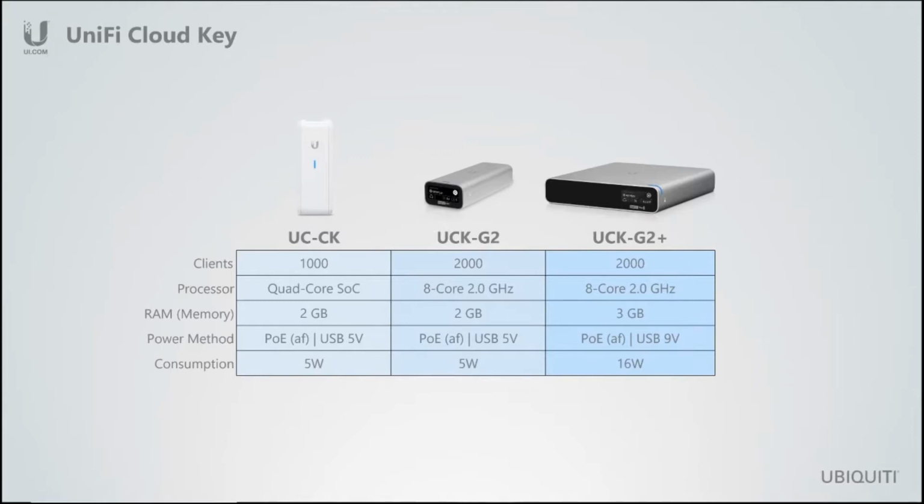It's a very low power consumption device, and using this you can very easily access your controller remotely from anywhere in the world. For larger networks or even smaller networks, we highly recommend purchasing a Cloud Key, although it's not required to use a controller. Our controller is a free controller which can be downloaded from our website. This is a very easy way to host your controller locally 24/7 with low power consumption.